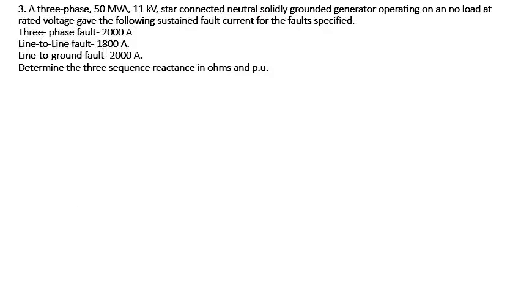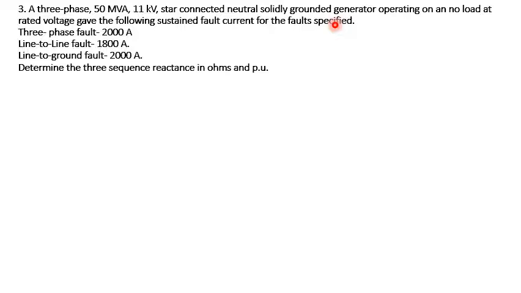Let us consider another type of numerical: a three-phase 50 MVA, 11 kV, star-connected, neutral solidly grounded generator operating at no load at rated voltage. The following sustained values of fault current for the faults are specified.